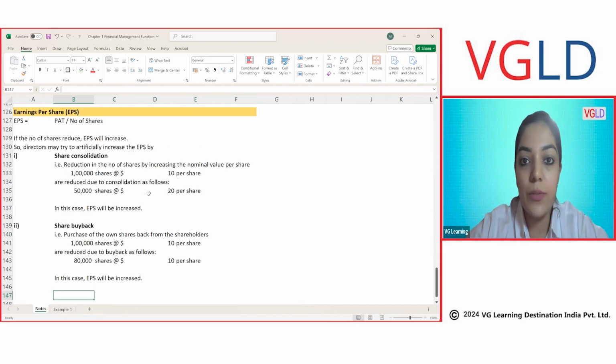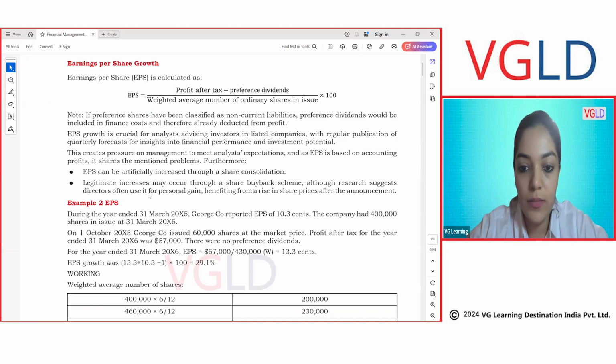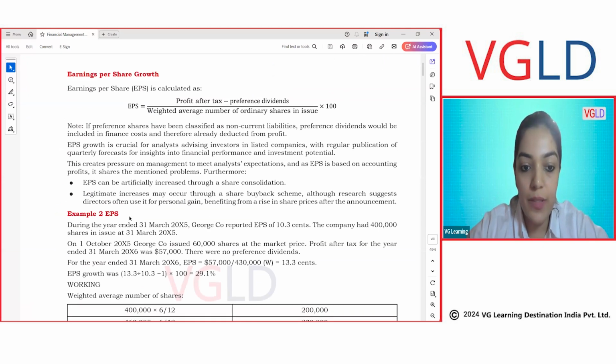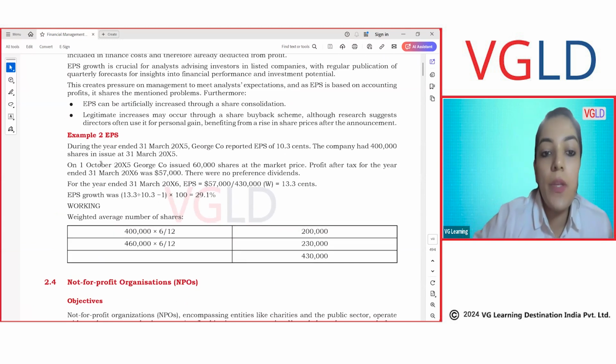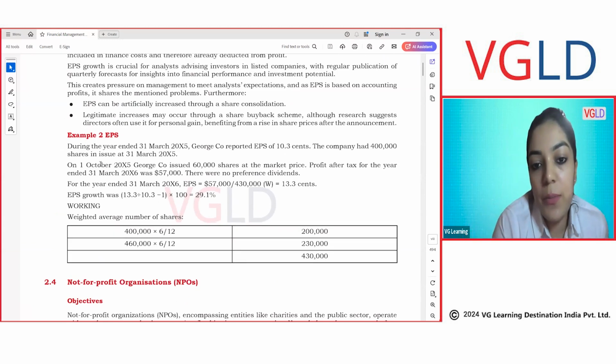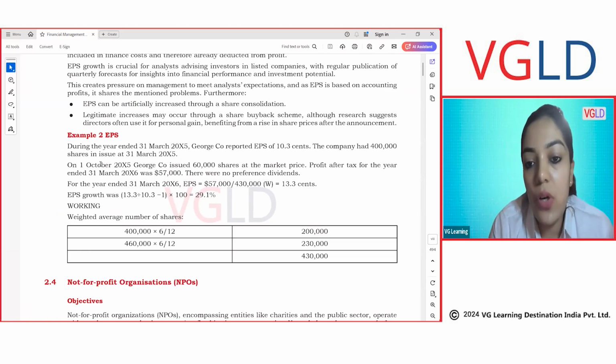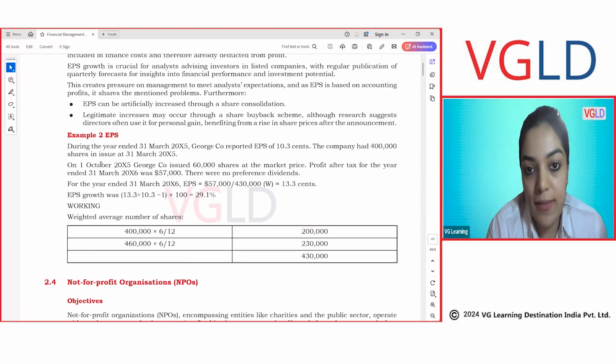All right. So on that note, let's come back here. This part we have covered. Now let's do a very simple example. Take a look. During the year ended 31st March 2015, George Company reported EPS of 10.3 cents.